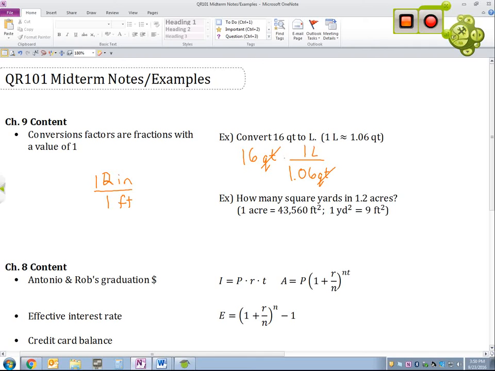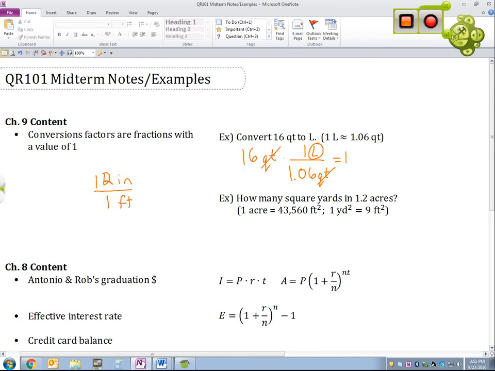So that means the 1 liter goes on top, and now this tells me that I'm doing 16 times 1 divided by 1.06 instead of 16 times 1.06. And I'm going from quarts into liters because that's the unit that will be left over.